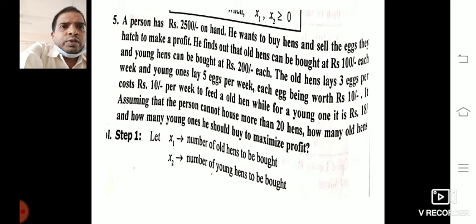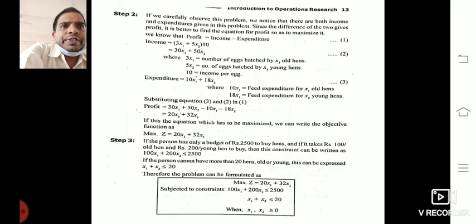Now we need to define the decision variables. Let x1 be the number of old hens to be bought and x2 the number of young hens to be bought. Now we need to form the objective function, because it is coming under maximization.